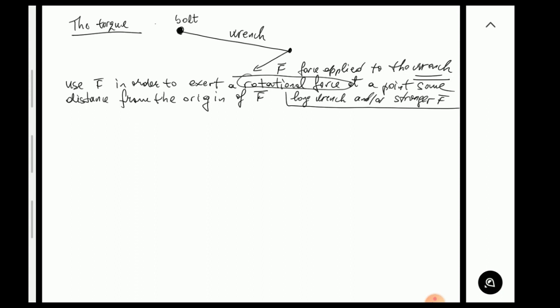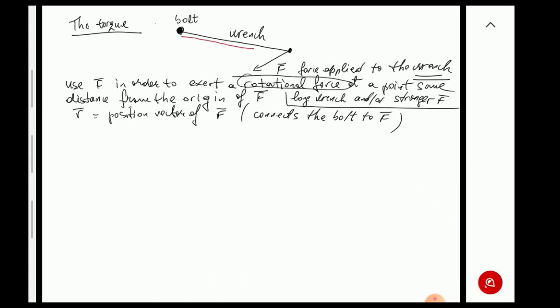So mathematically, and by the way, let's actually use some notation. Let's denote by R the position vector of F. That means the vector that connects the bolt to the origin of F, right? So, let's use a different color here.